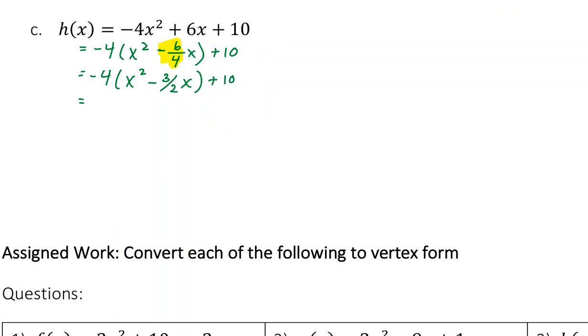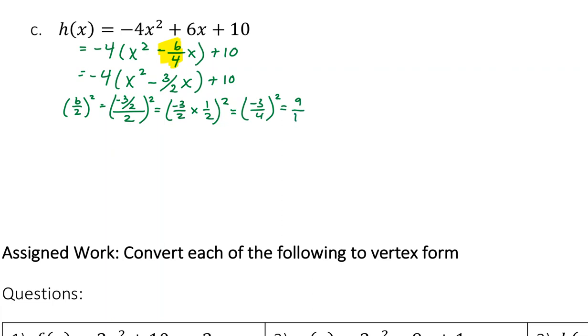Okay, if we keep going, our next step is to use our little formula and determine what value we're going to add and subtract in our brackets. Well, this is going to be -3/2 divided by 2 squared, which is the same as saying -3/2 times 1/2, which is 9/16, sorry.